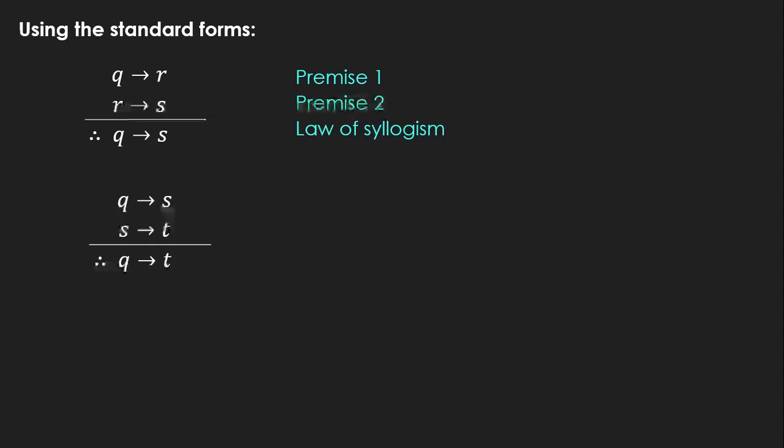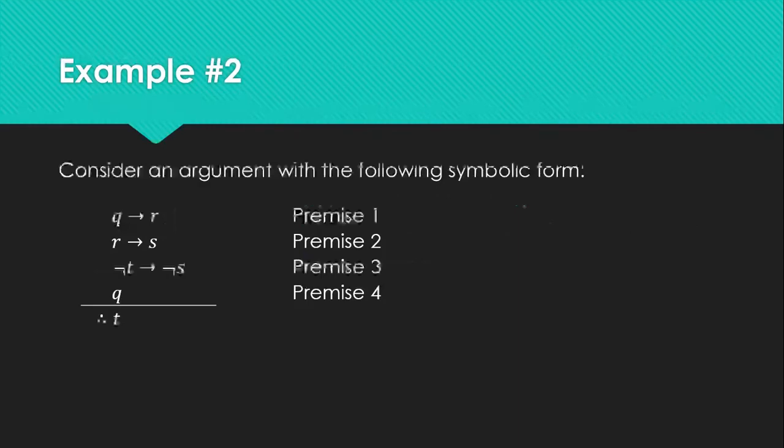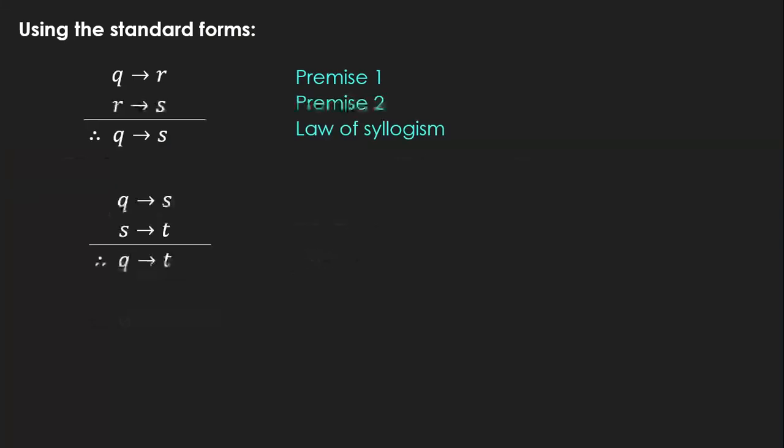Now, here, notice na parang may naiba. Yung third premise natin actually looks like this: the negation of T implies the negation of S. Tapos, pagdating na dito, naging S implies T na siya.